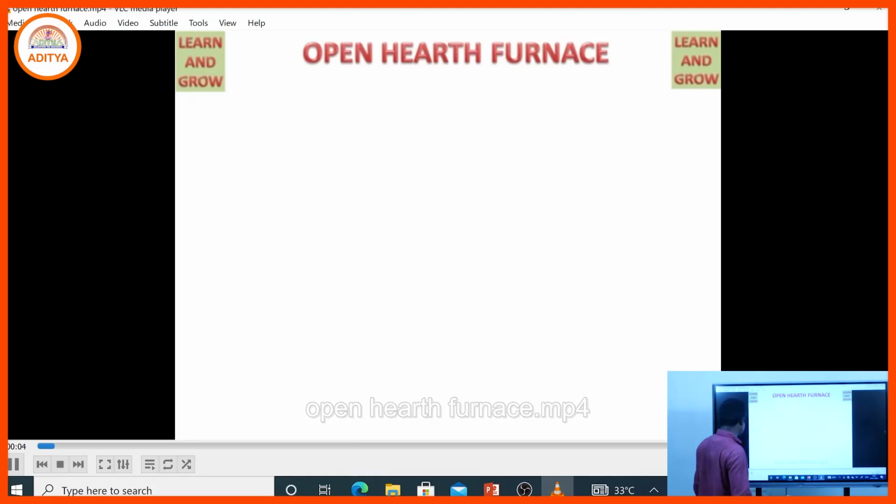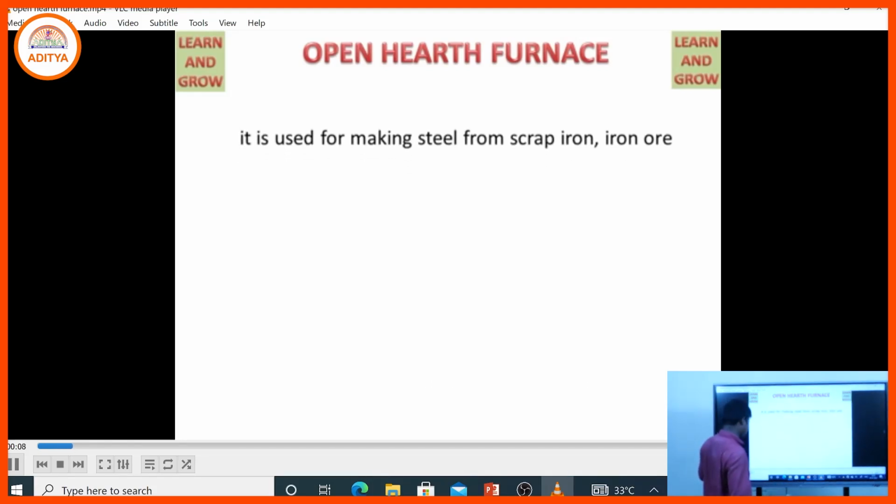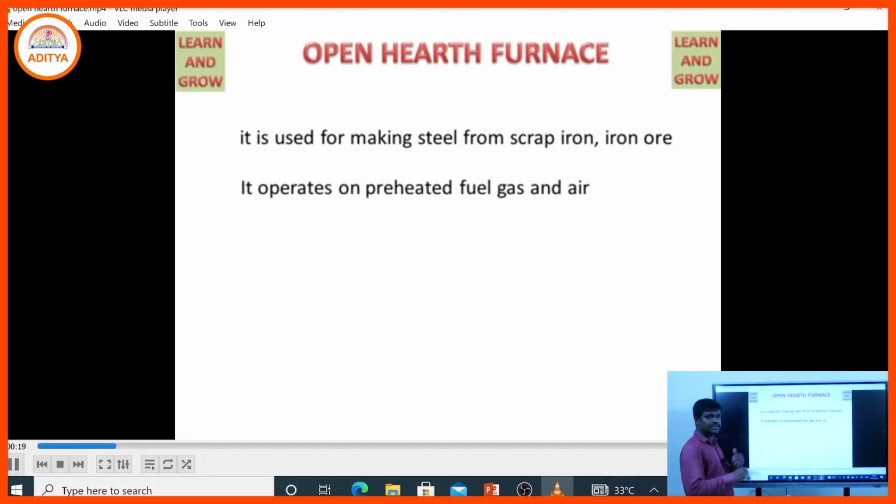In the case of the open hearth furnace, what happens? It is generally used for making steel from scrap iron or iron ore. For preparation of the molten metal, we use preheated fuel gas and preheated air.